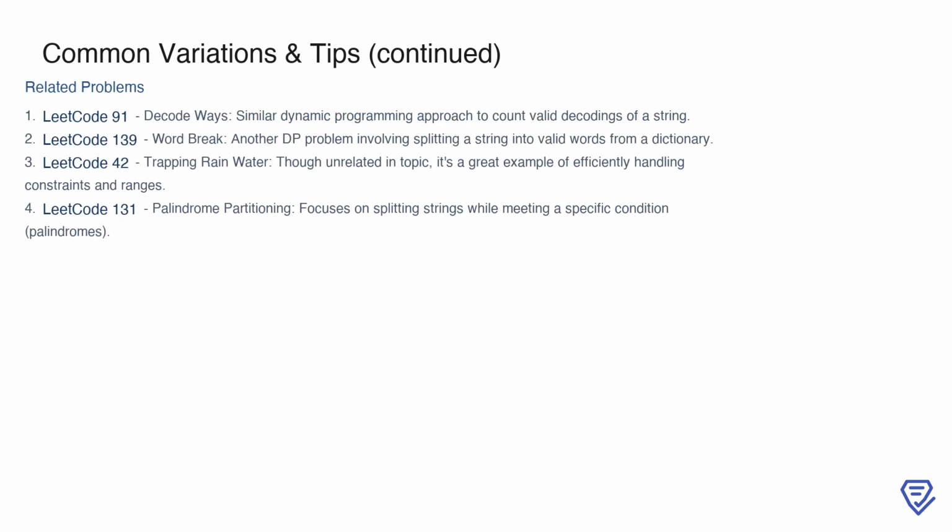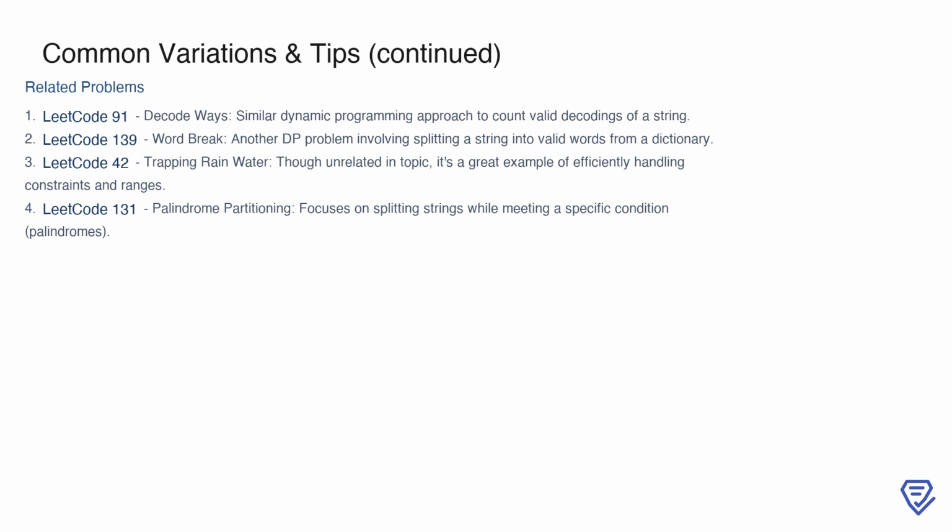There are several related problems that can help deepen your understanding of this concept. For example, LeetCode 91, Decode Ways, involves a similar dynamic programming approach to count valid decodings of a string based on specific constraints. Another is LeetCode 139, Word Break, which also involves using DP to split a string into valid words from a dictionary.